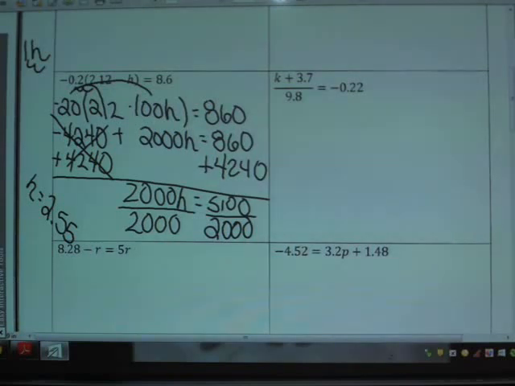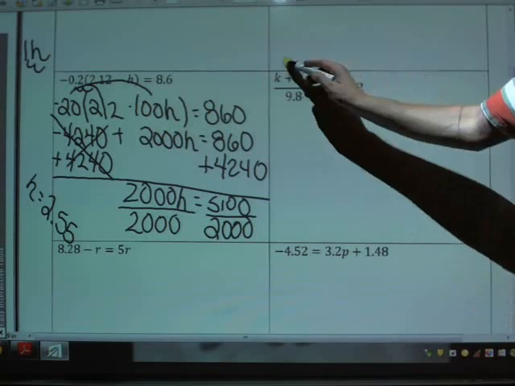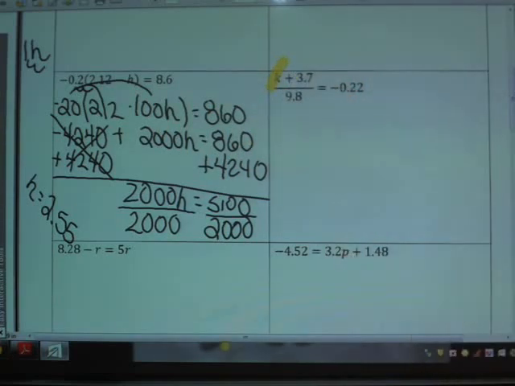We're going to start off and say to ourselves, okay, the things that are right about this are the variable k. The variable is on the left side of the equal sign, and also my 0.22, which happens to be negative, that's a number, and it's off to the right side. So both the 3.7 and the 9.8 are going to have to move here.